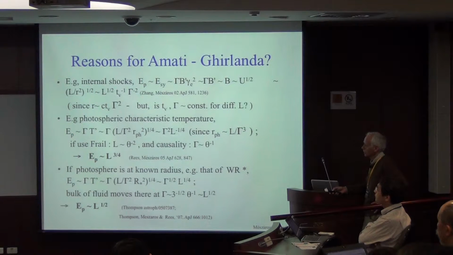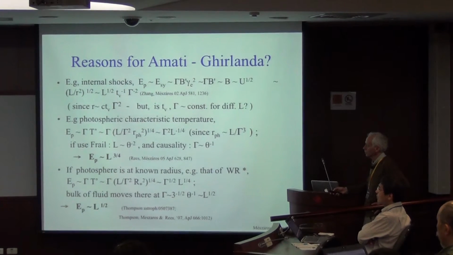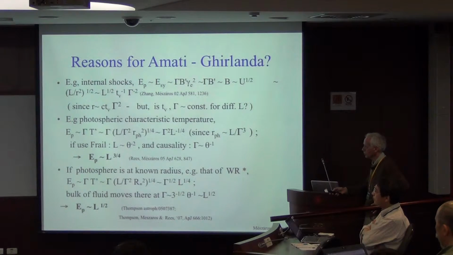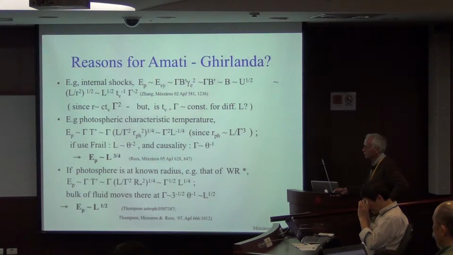The random electron Lorentz factor squared in internal shocks is more or less a fixed quantity, so it's only gamma times B prime, and that's just the magnetic field as seen in the observer frame. And if that is in some kind of equipartition of energy, then it's proportional to the internal energy of the gas, the photon energy, to the 1/2. And in the internal shock model, you can figure out that that's luminosity over r squared, to the 1/2.